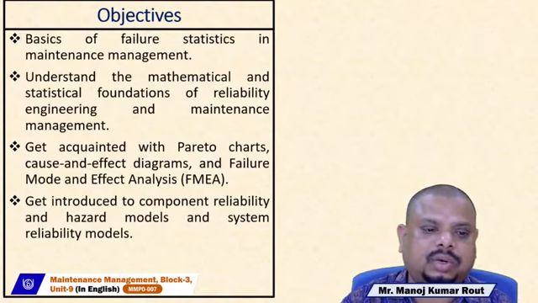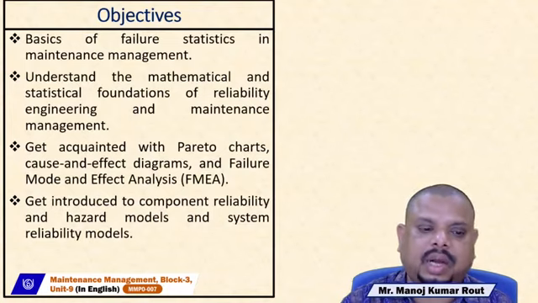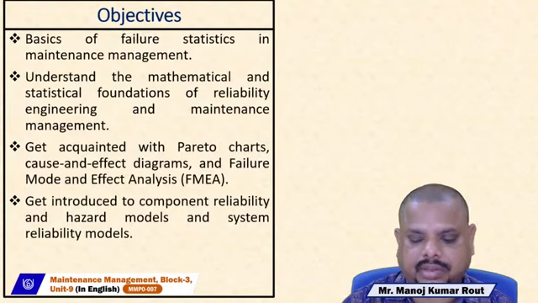Students are also introduced to component reliability, hazard models and system reliability models with reference to maintenance management, to understand the deep mathematical analysis with reference to reliability, and the next important part is failure analysis.